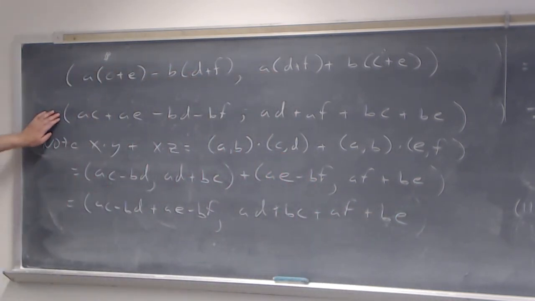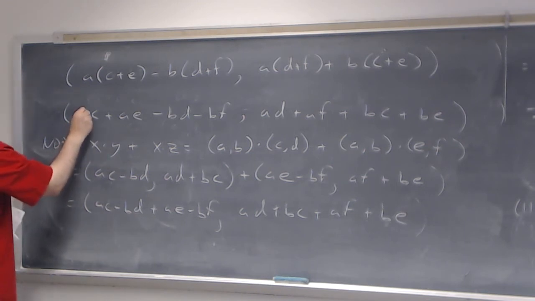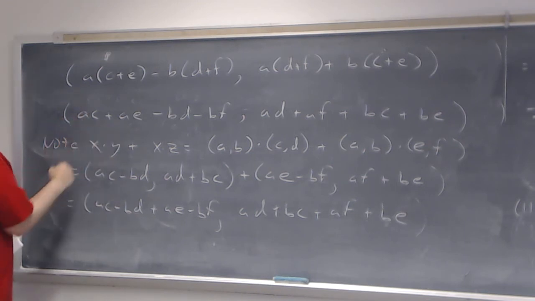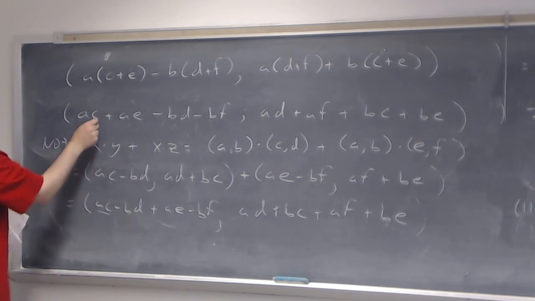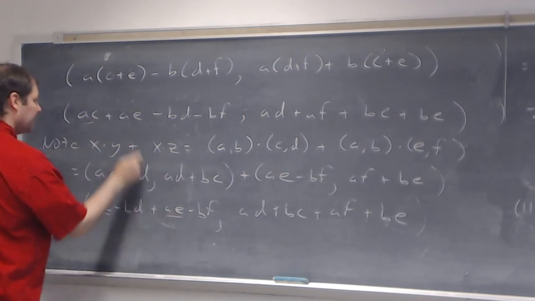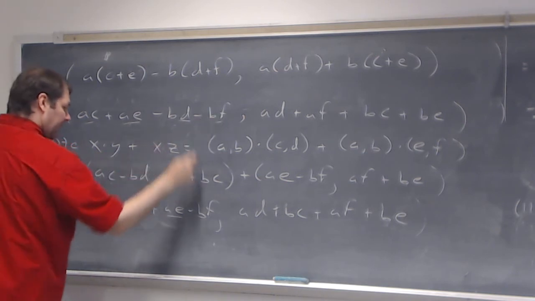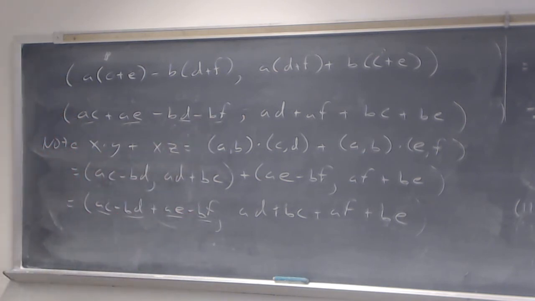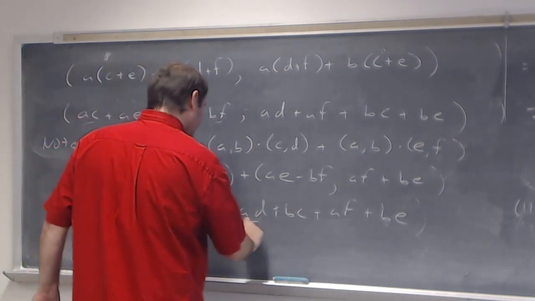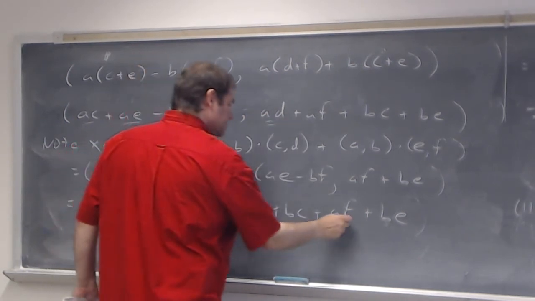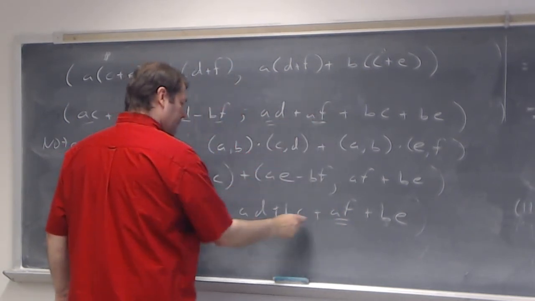And so if we compare these, so this was x times the quantity y plus z. Here's an AC, AC. Here's an AE, AE. Here's a minus BD, and a minus BF, and a minus BF. They are the same. Here is an AD and an AD. Here's an AF and an AF.